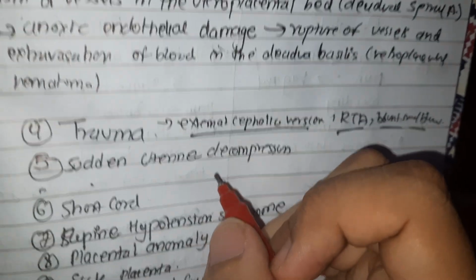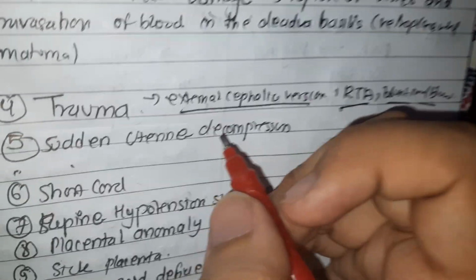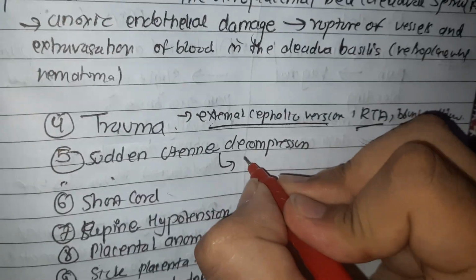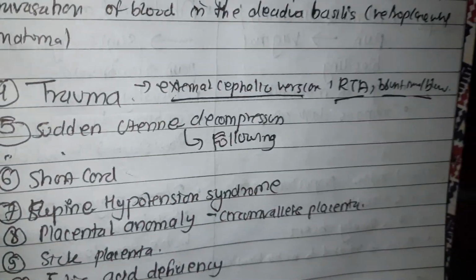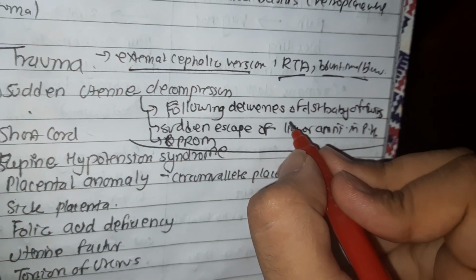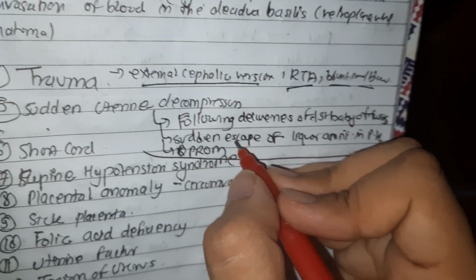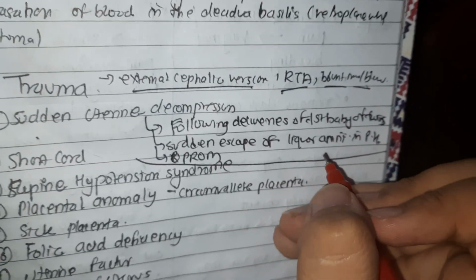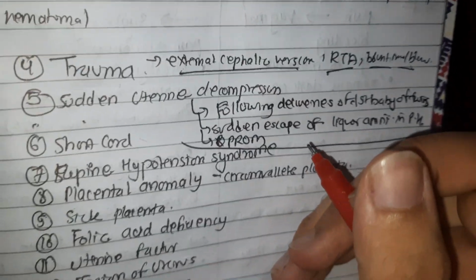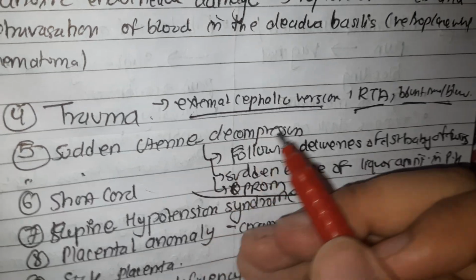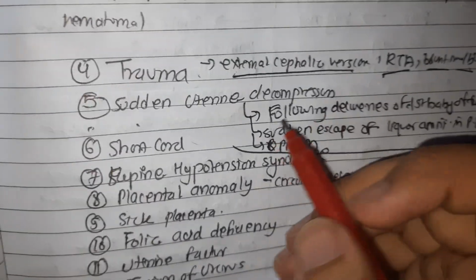And the clinical situations are the following: following delivery of the first baby of twins, sudden escape of liquor amnii in polyhydramnios, and premature rupture of membranes. In all of these cases there is sudden uterine decompression, and that leads to abruptio placenta.